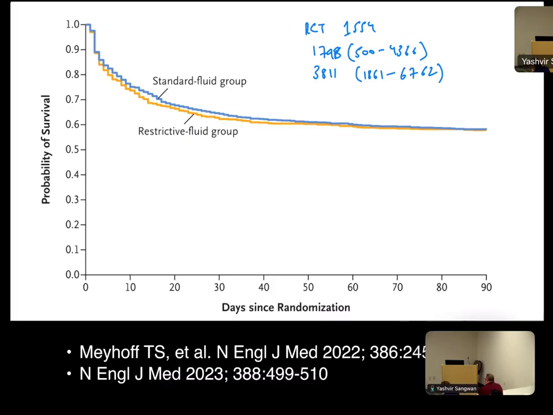What was the difference? If I am fluid liberal, I will give you fluid till I tank you up. And then, if you have knee mottling above the kneecap, or lactate still greater than 4, or urine output less than 0.1, or a mean arterial pressure less than 50, I will give you pressors.